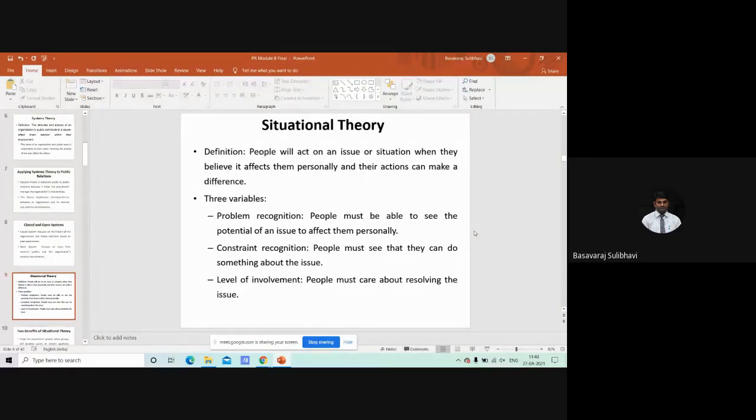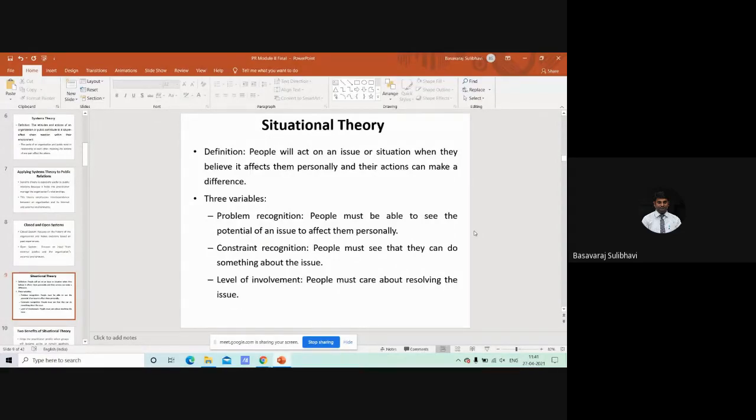You have to make them experience that this issue is very potent, that it may affect them personally. So keep in mind that when it comes to situational theory, you have to develop such a situation, on the basis of problem recognition, where people are able to visualize that an issue is potentially going to affect them personally.